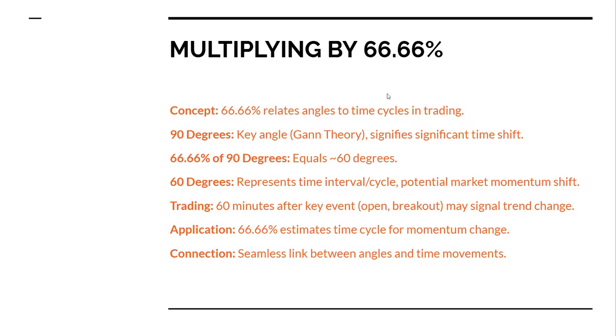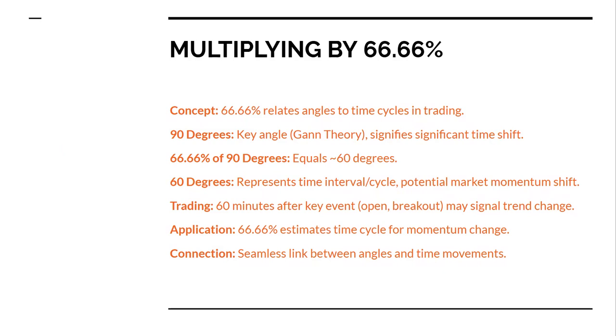Next step, after taking the square root of that, we are going to multiply by 66.66%. You must be wondering, what is this 66.66%? It relates to angles and the time cycle in trading.